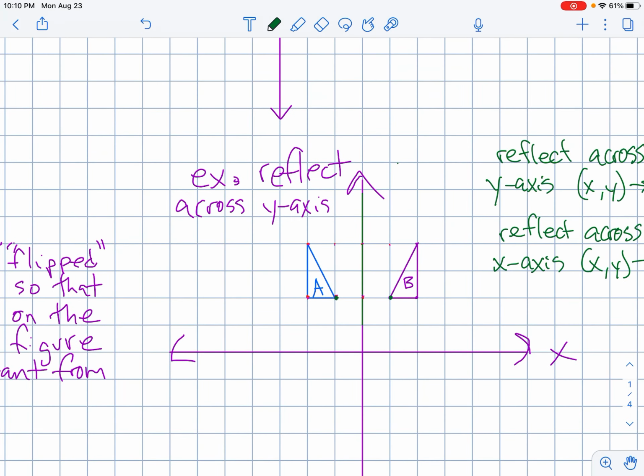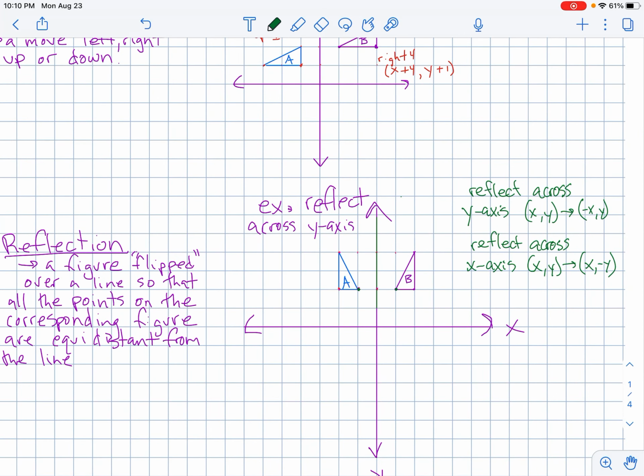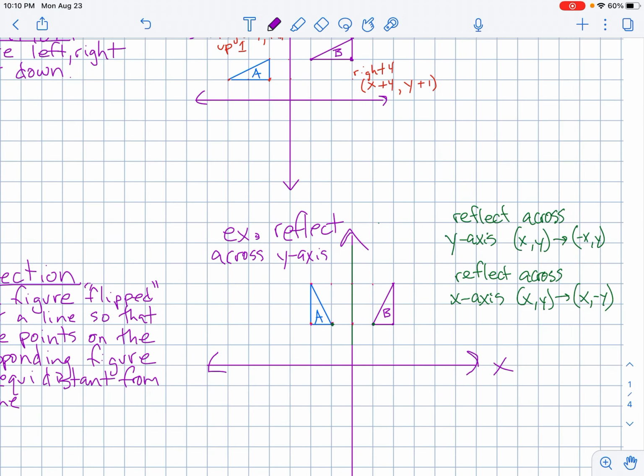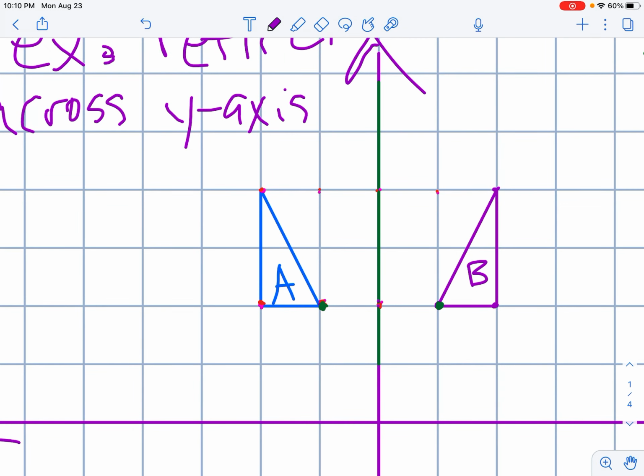One nice thing to note about a reflection across the x-axis or the y-axis is this bit right here. If you start with (x, y) and you reflect across the y-axis, you will end up with (-x, y). Let's look at this example. What are the coordinates of this vertex? (-1, 2).